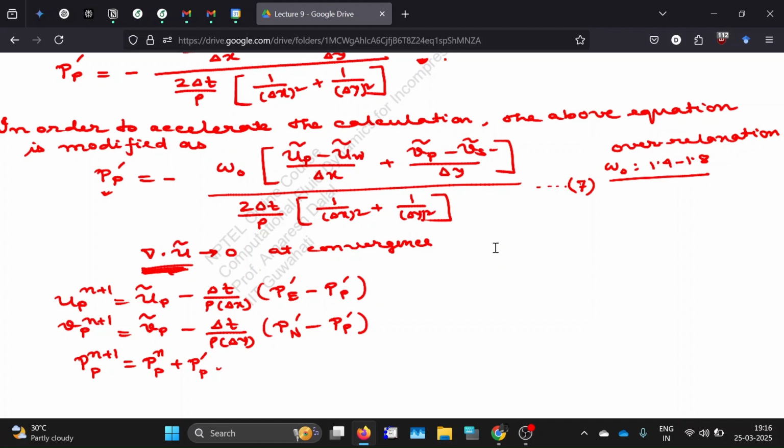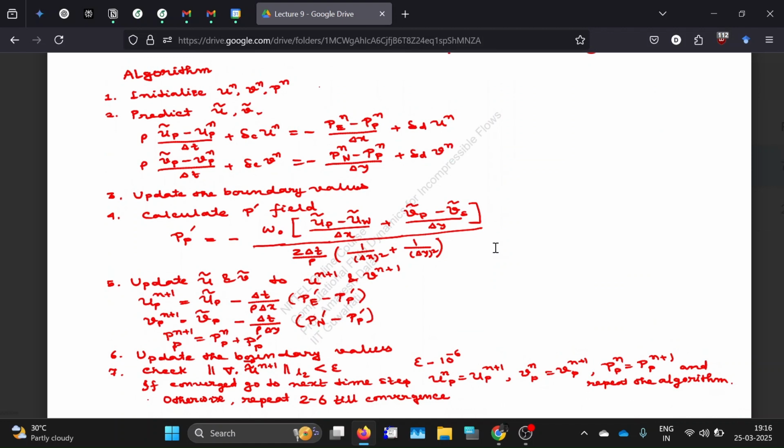But for very specific cases you have to find the optimal by trial and error. There is no way to say entirely that 1.56 would be the optimal over relaxation factor. Okay. Can you move to the next one?